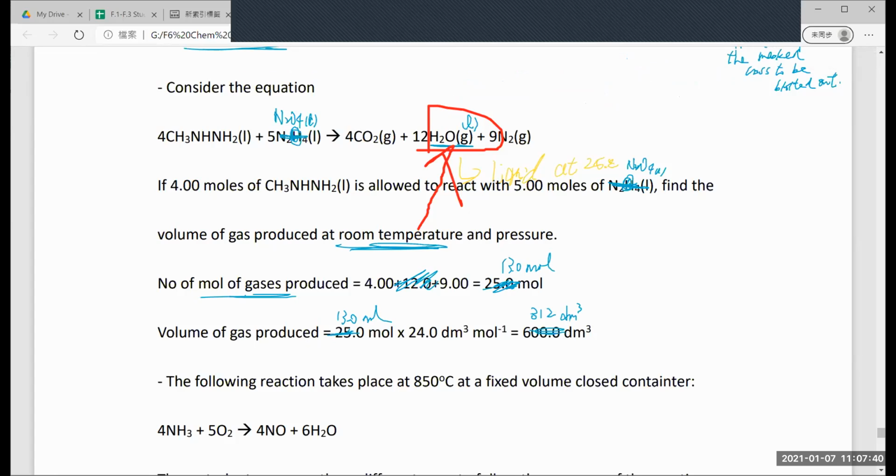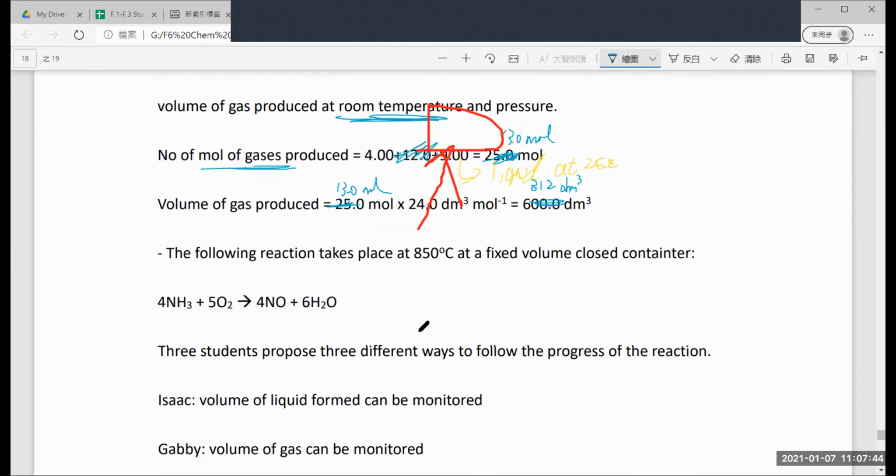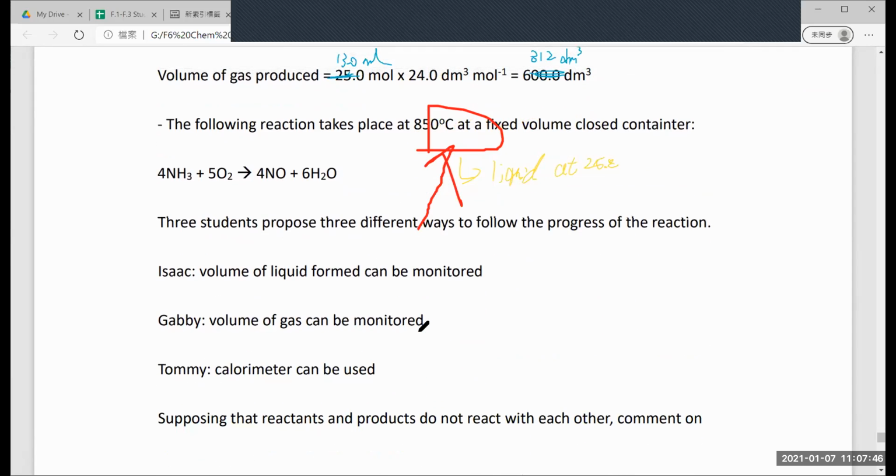Now the third one. The following reaction takes place at 850 degrees in a fixed volume closed container like this. Three students propose three different methods to follow the progress of the reaction. One monitors the change of volume of liquid form.